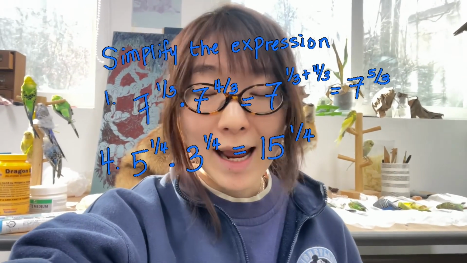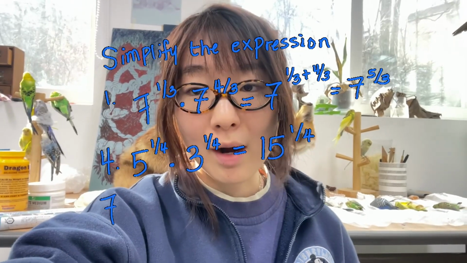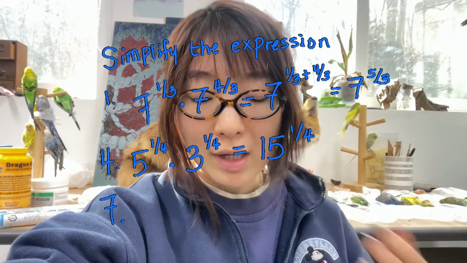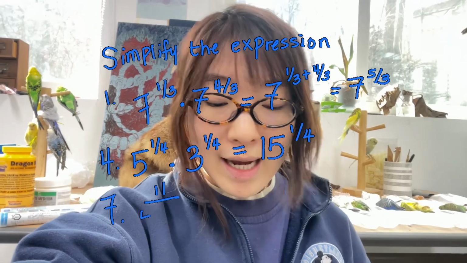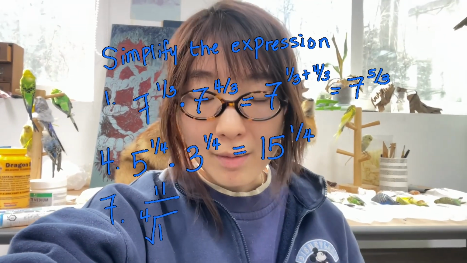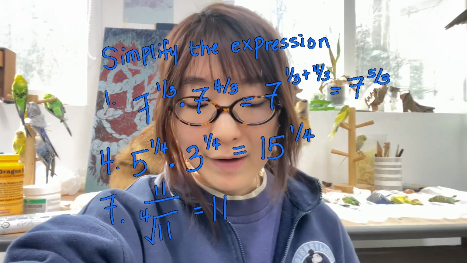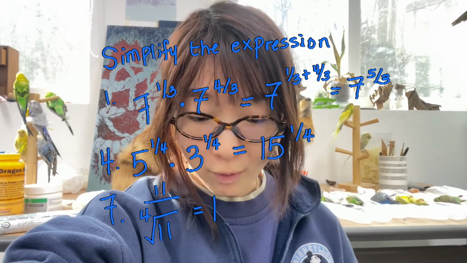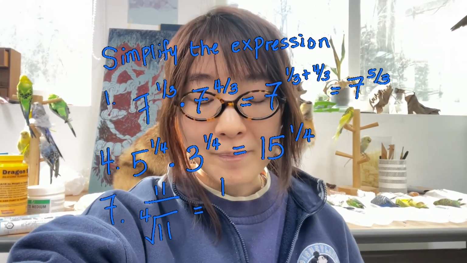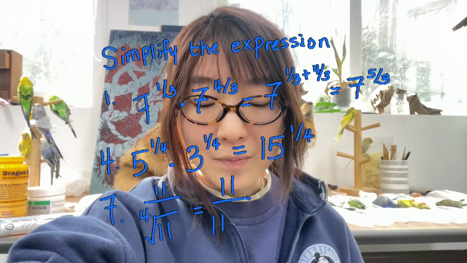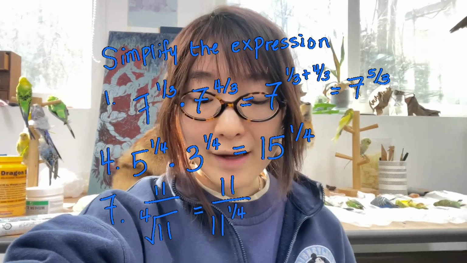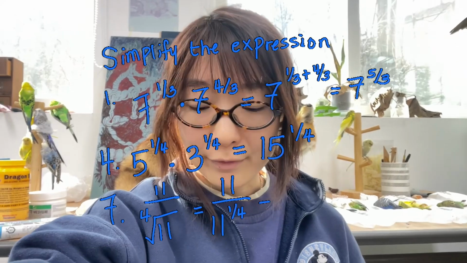Number 7 is 11 over 4th root of 11. And that can be re-expressed as 11 over 11 raised to the power of 1/4. And this can then be expressed as 11 times 11 raised to the power of negative 1/4.